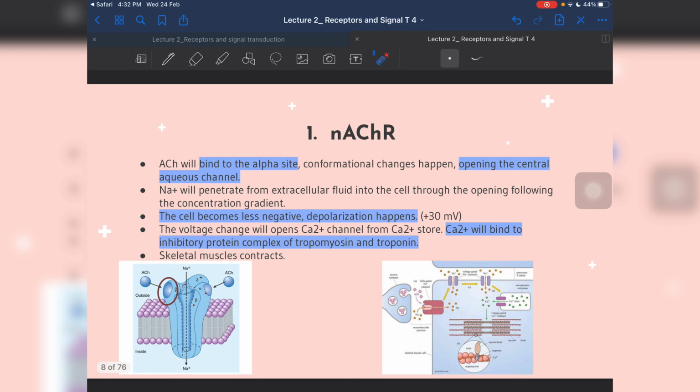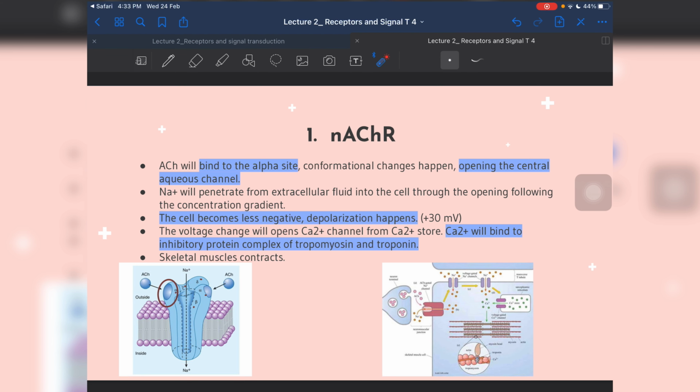Let us now go to the next receptor, which is nAChR. Please note that this receptor is made up of two alpha subunits, one beta subunit, one gamma subunit, and one delta subunit. The ligand or neurotransmitter for this receptor is acetylcholine.